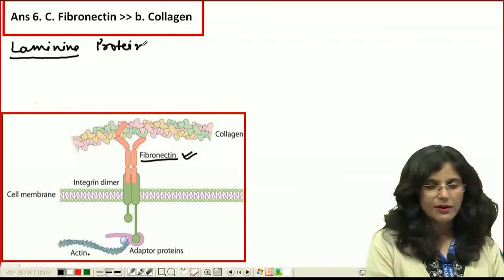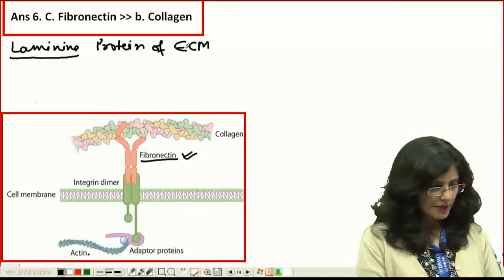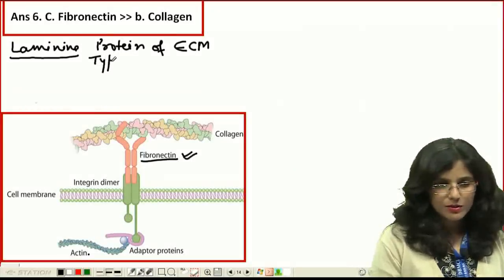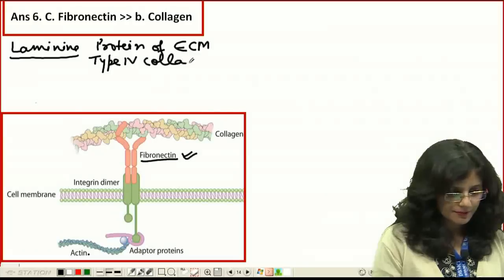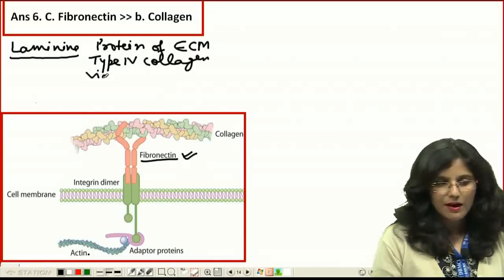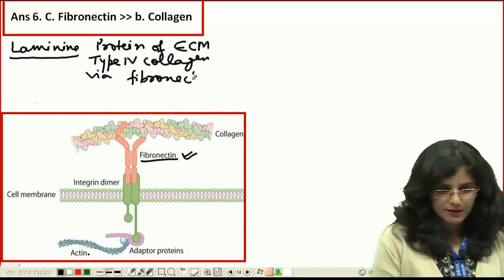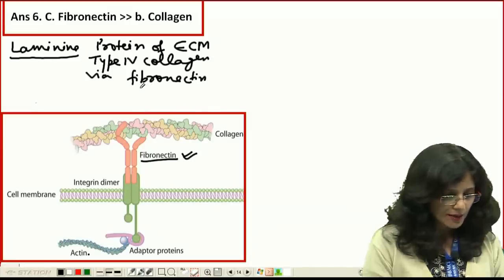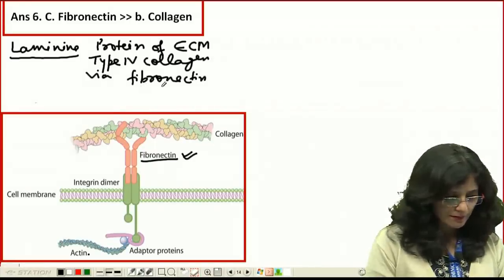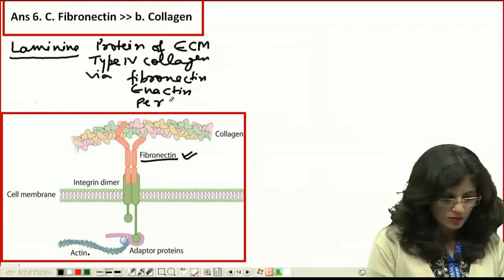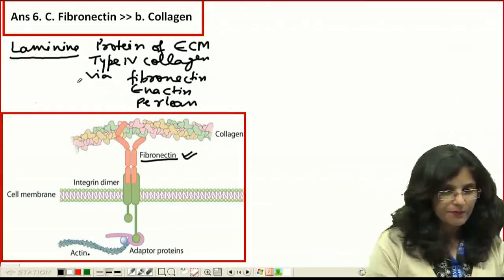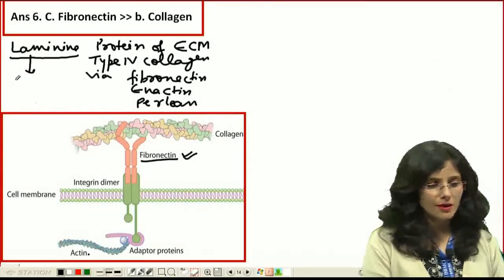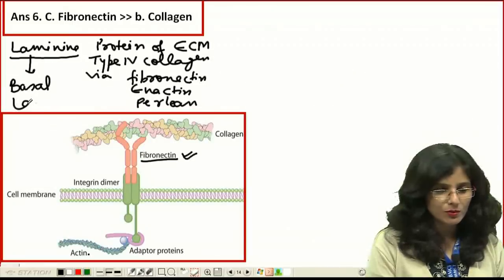Laminin is a protein of the extracellular matrix. It is associated with type 4 collagen via fibronectin. That's why this was given as an option, to confuse you. It connects via fibronectin, via nidogen, and also through perlecan. It is an important component of the basal lamina also.